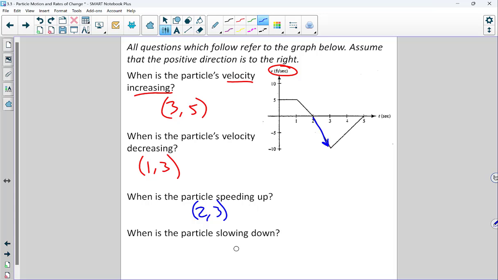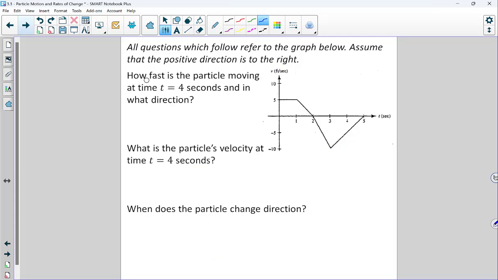When is the particle slowing down? That would be anywhere that the graph is approaching 0, so that would be right here and right here. We have a positive velocity but negative acceleration. We have a negative velocity but a positive acceleration. Velocity and acceleration disagree, so that would be from 1 to 2, union 3 to 5.